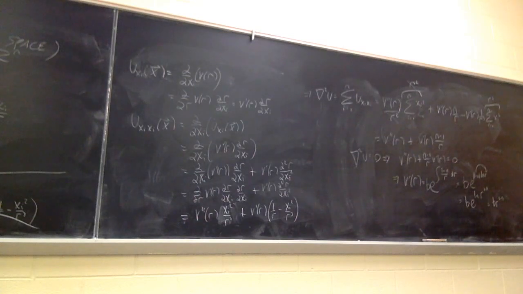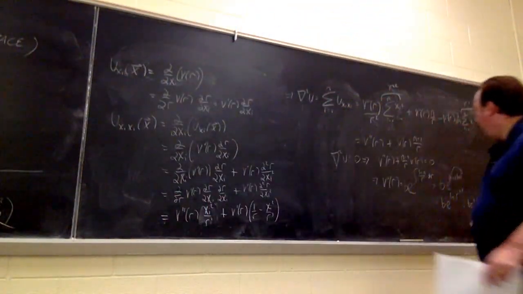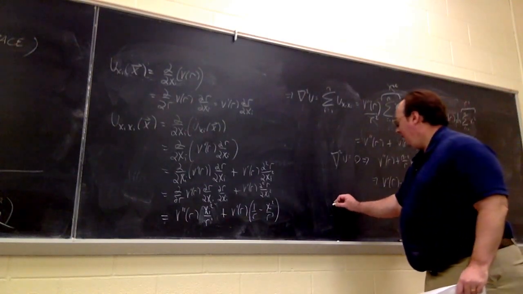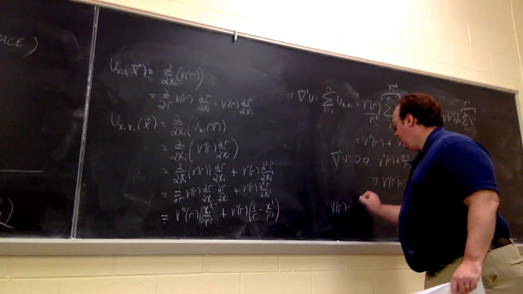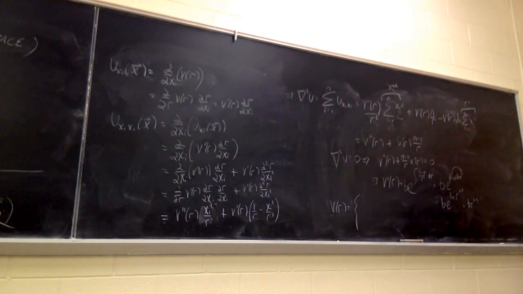But that's v prime. We actually want v. Let me just make sure I'm capturing all this. Okay. So to get v, now we can go ahead and integrate this. But how that works out depends on the value of n. So v of r is equal to, in the case of n equals 1, all we have here is a constant.